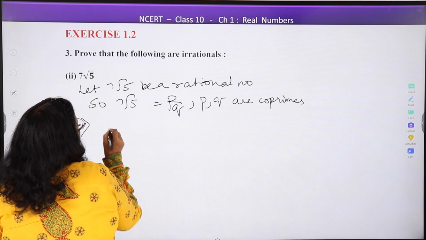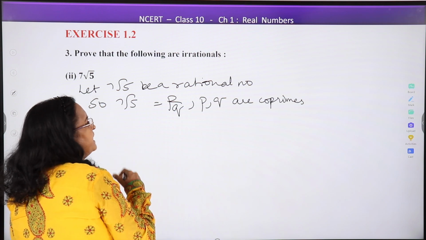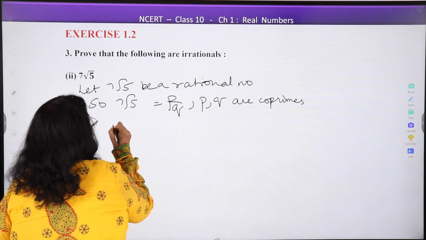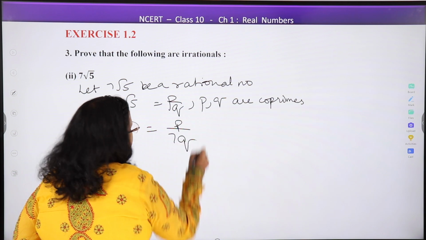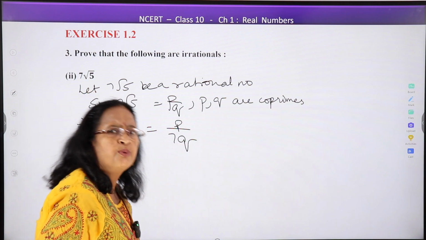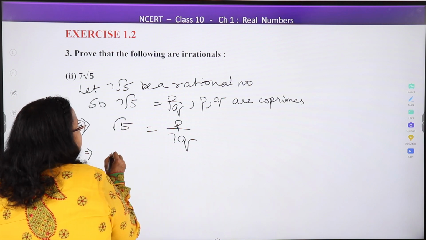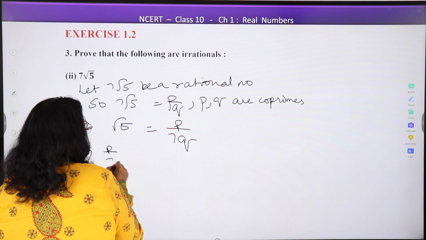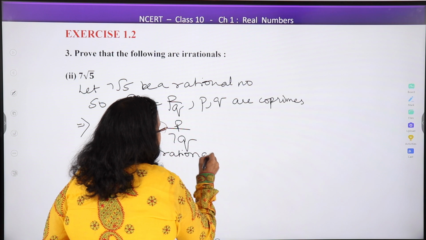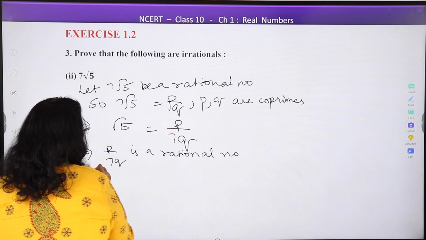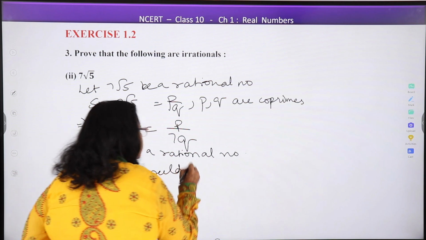So we will shift root over sign, root 5 to one side and rational numbers to the other side. That implies root 5 is equal to P by 7Q. Here again it will be mentioned root 5 is an irrational number. So that implies P by 7Q is a rational number. So root 5 should be a rational number.